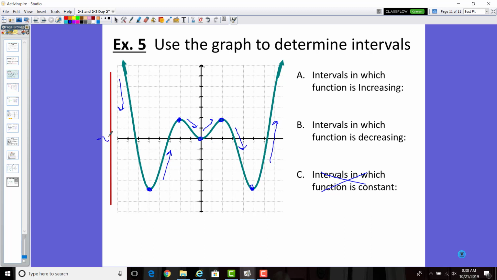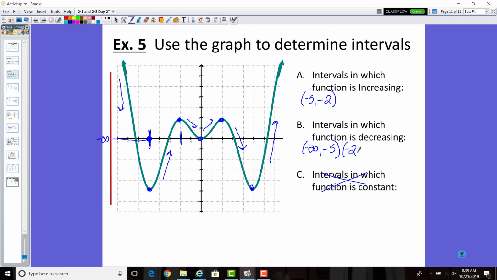They are going down from the x region of negative infinity, and they stop going down at the x value of negative 5, sorry. Then at this x value of negative 5, my y values start increasing, and they increase until we get to the x value of negative 2.